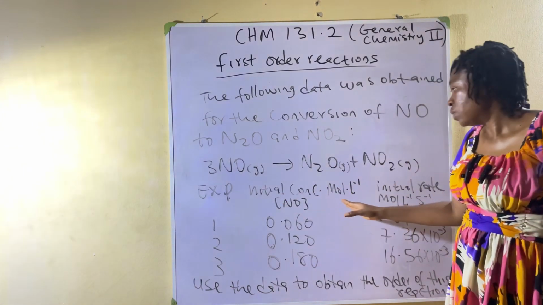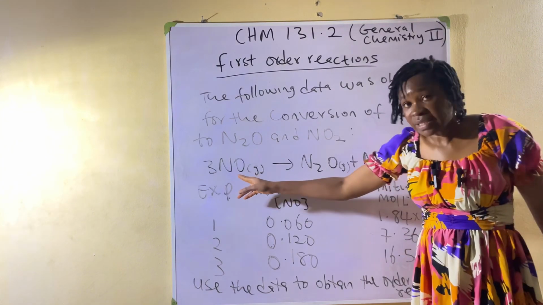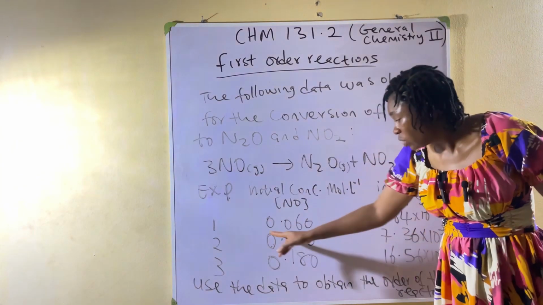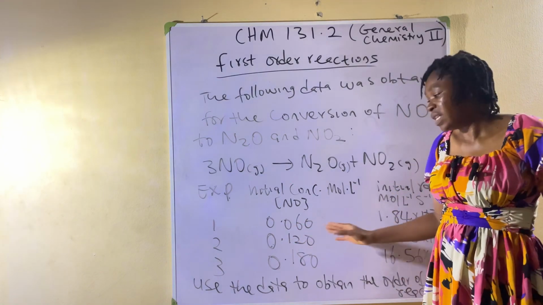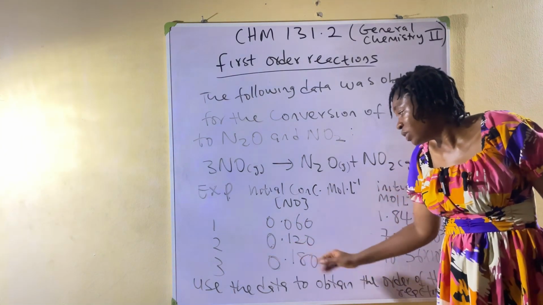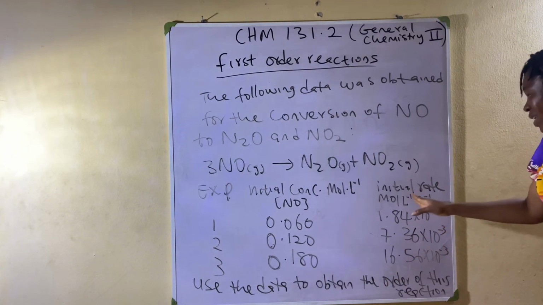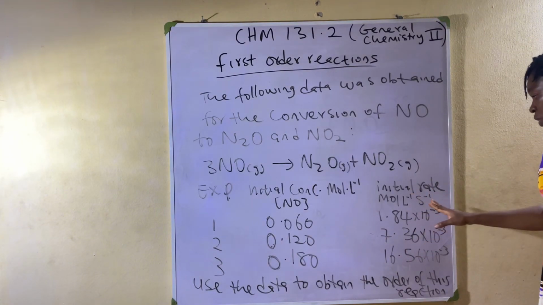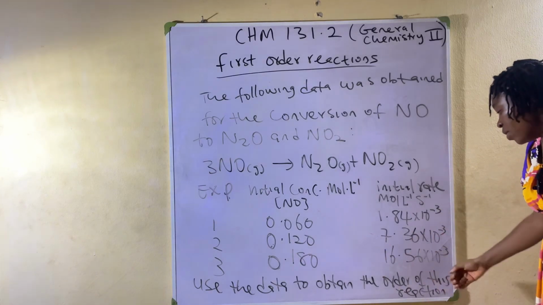The initial concentration in mole per liter of this reactant was 0.060 mole per liter. Experiment 2, 0.120. Experiment 3, 0.180. This is the value for the initial rate of the reaction. Use the data to obtain the order of this reaction.